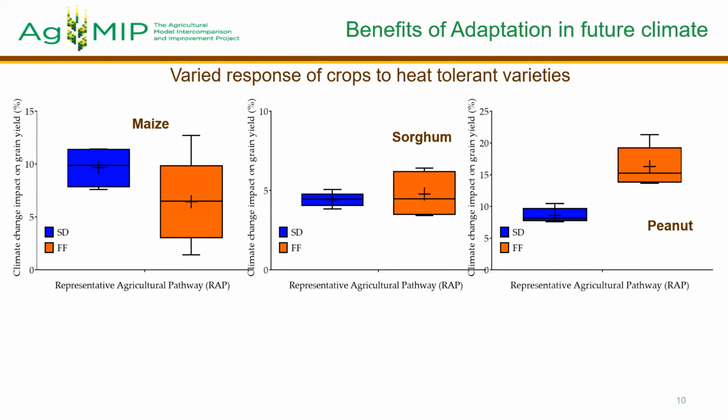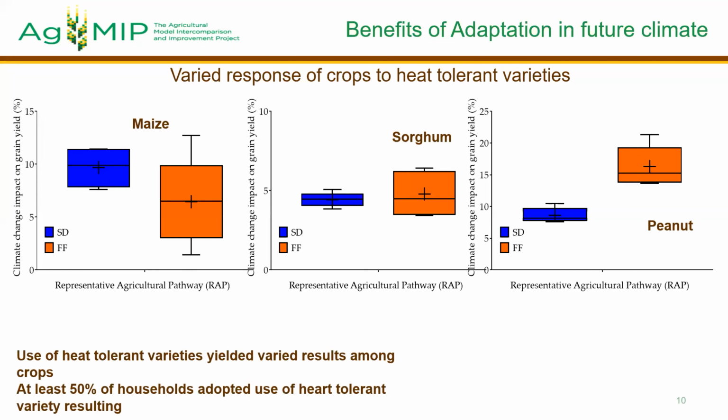So what are the benefits of adaptation? We looked at just one adaptation, which is the use of heat tolerant variety. And one thing which is clear is that the crops vary in terms of their response to the use of heat tolerance because of the differences in their physiology and what they need.